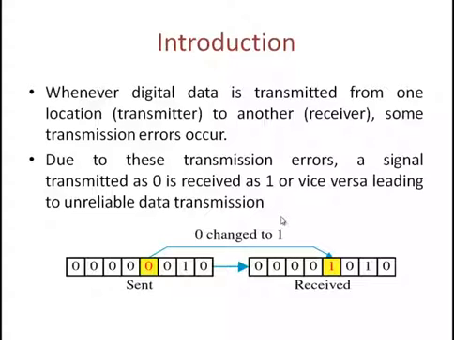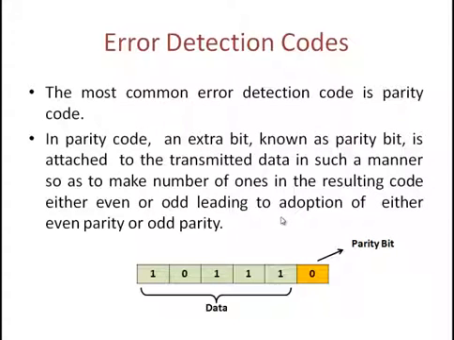There are actually various codes available which can be used for error detection and correction. First, let us consider error detection codes. These codes can only detect the presence of error. The most common error detection code is parity code. Here in parity code, an extra bit known as parity bit is attached to the transmitted data.